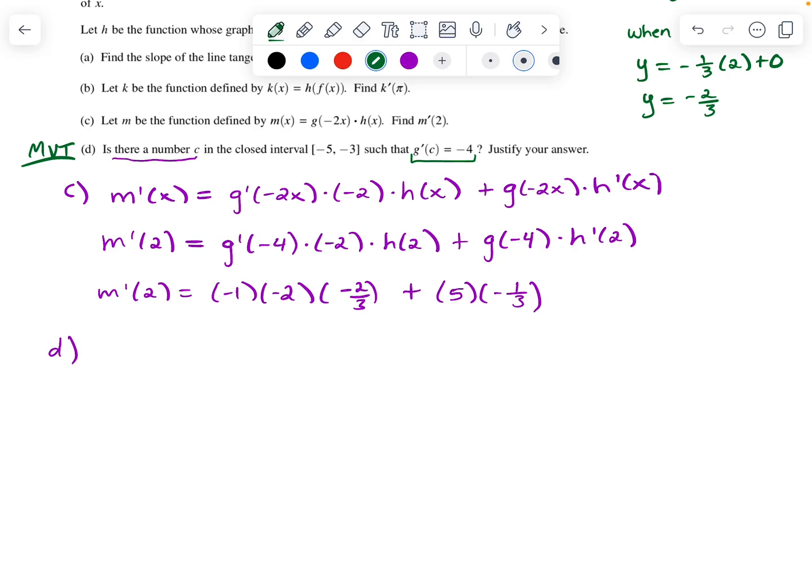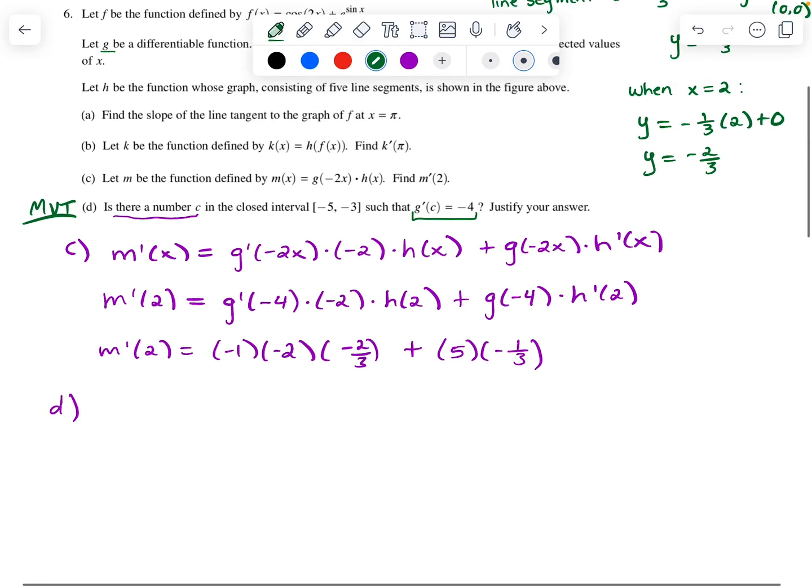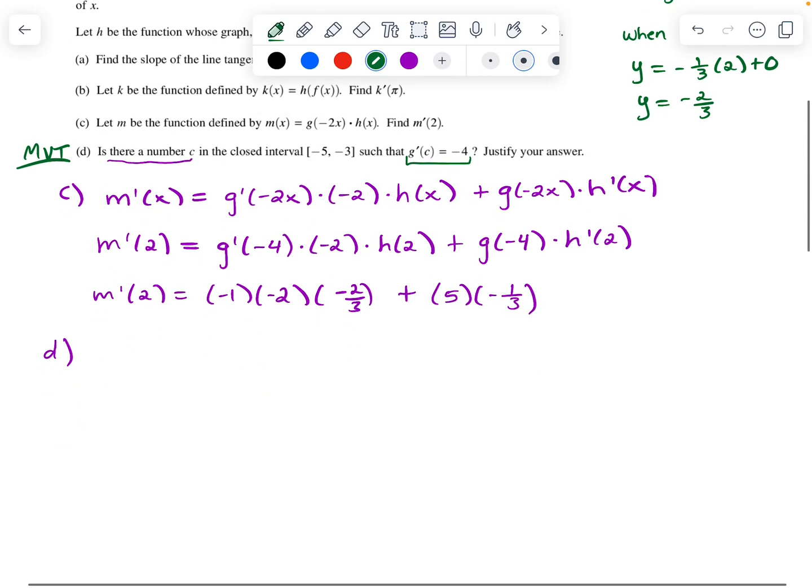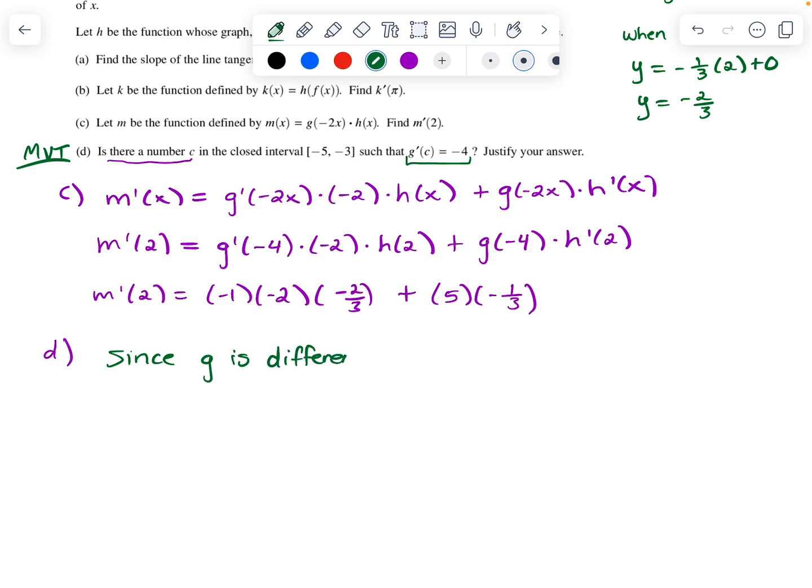I need to tell the reader that this function is differentiable and continuous, so I'm going to say, since g is differentiable, then g is continuous. Remember, differentiability implies continuity. It's important to tell the reader that we have that.